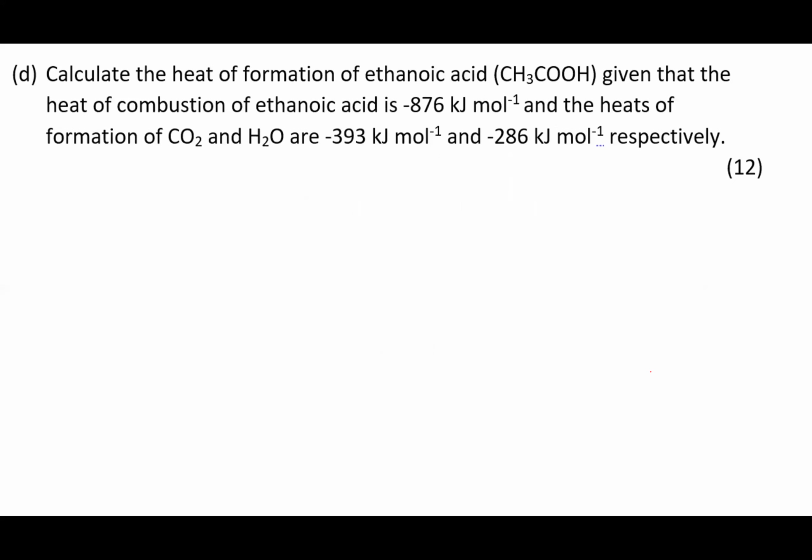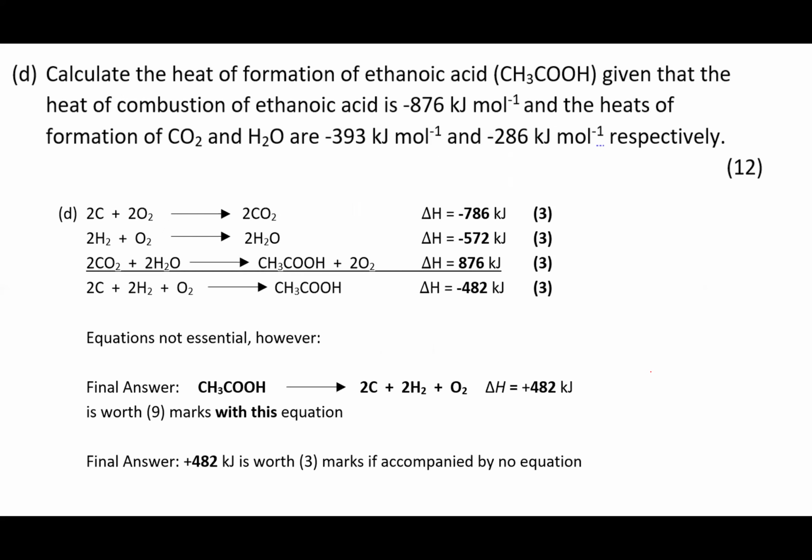Onto our calculation. Calculate the heat of formation of ethanoic acid, given that the heat of combustion of ethanoic acid is minus 876 kilojoules per mole, and the heats of formation of carbon dioxide and H2O are minus 393 kilojoules per mole and minus 286 kilojoules per mole, respectively. So first of all, you have your formation of carbon dioxide multiplied by 2 for 3 marks, so minus 786.